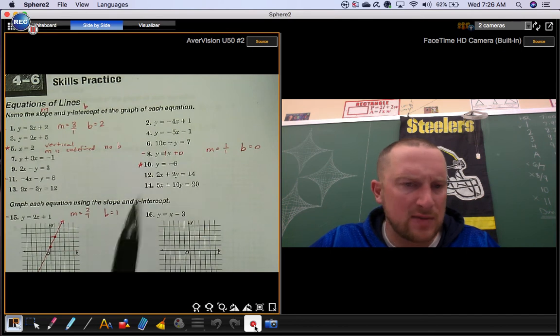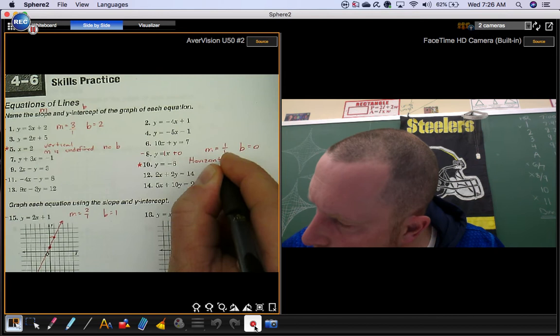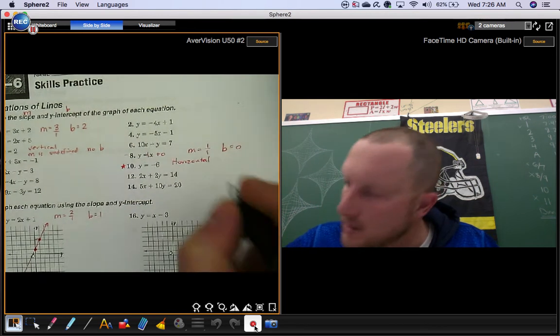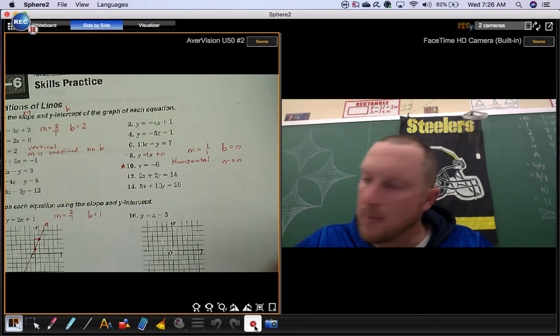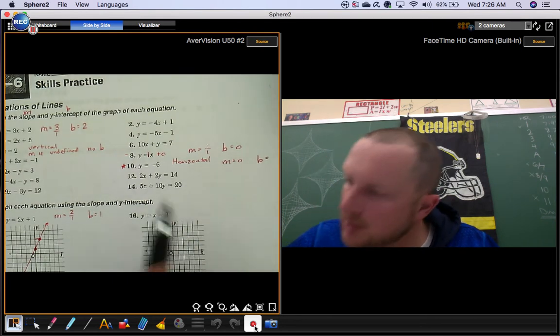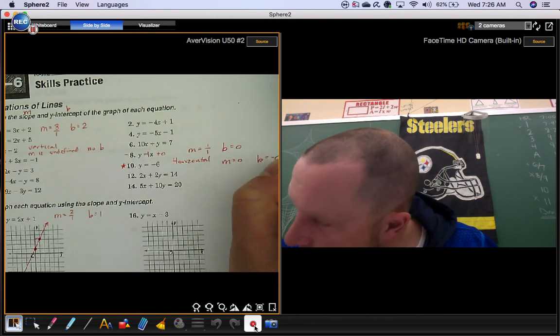If there's no x value, this is going to be a horizontal line. Horizontal lines have a slope of 0. And the y-intercept is simply that number. So where does this line cross the y-axis? It crosses it at -6.